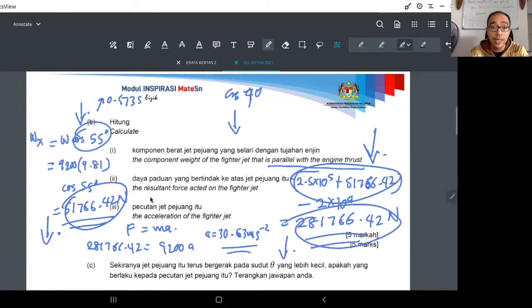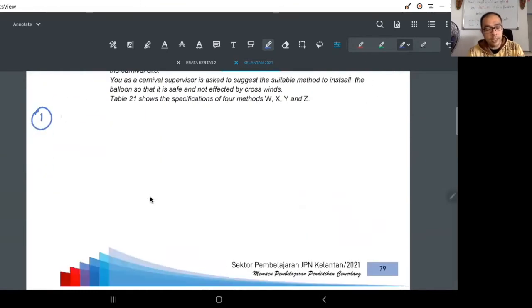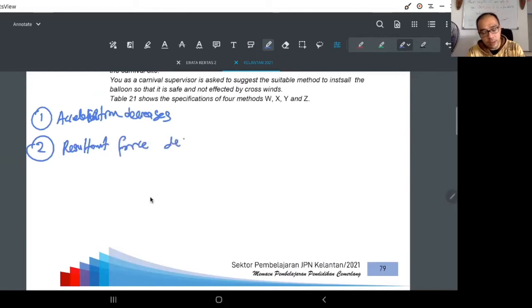And if this value becomes smaller, this one will also become smaller. Everything becomes smaller. So the acceleration decreases because the resultant force decreases.